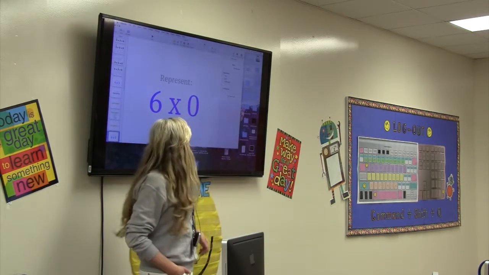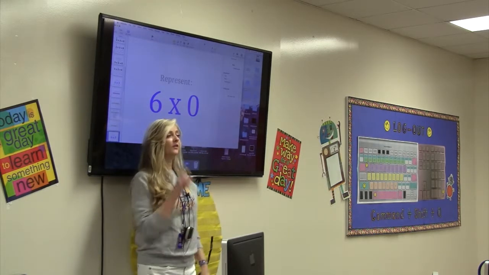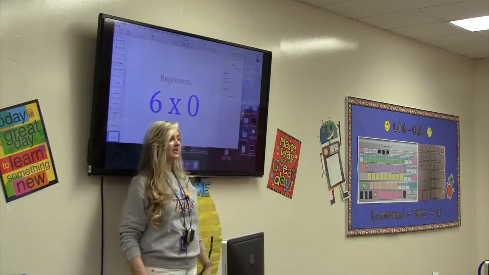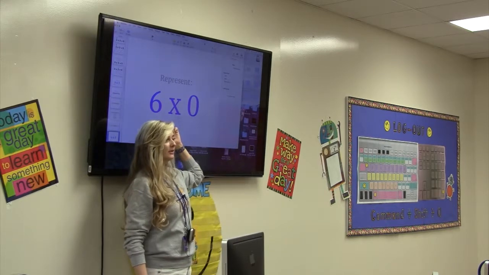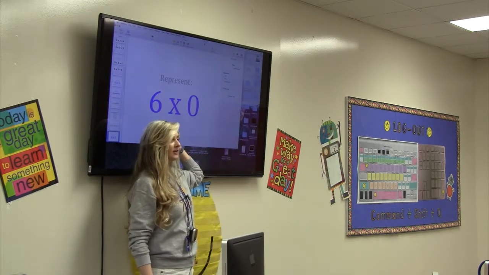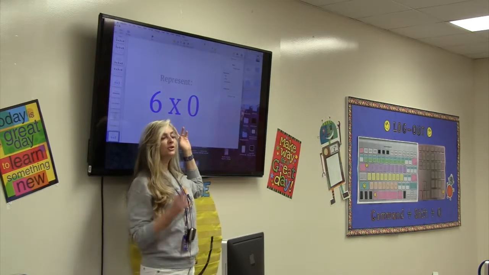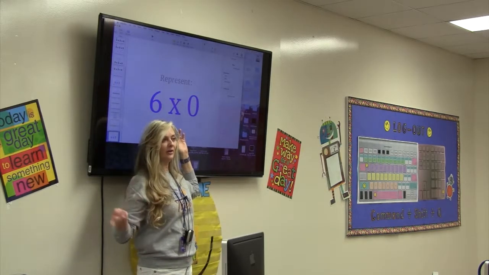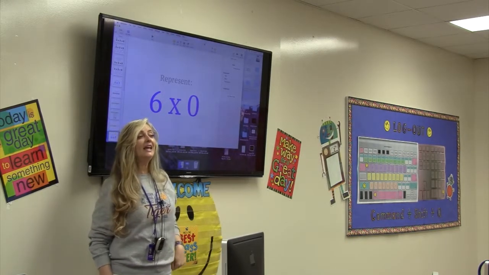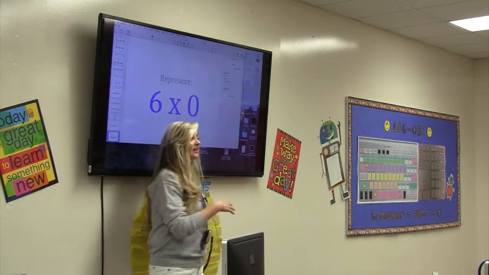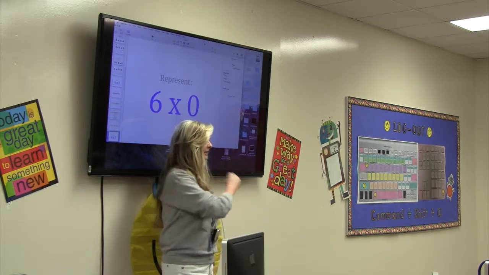Books are down. Good job. So using our strategy to represent, the first factor represents the number of groups. How many groups do we draw right here? 6. You should have drawn 6 groups. If you didn't, do it now. And then you would have gone to the strategy that goes with it, which is the second factor represents how many are in each group.